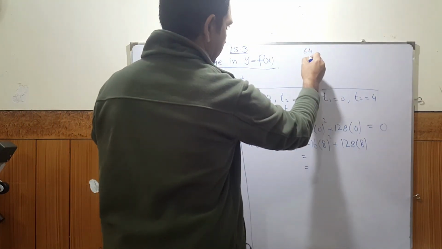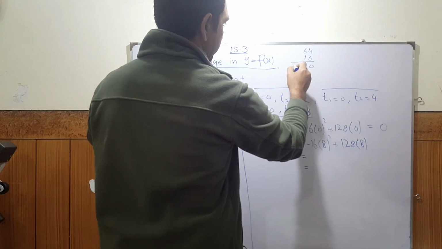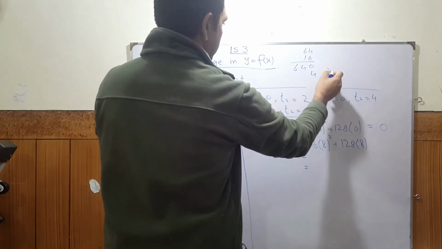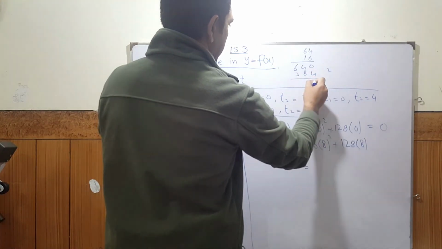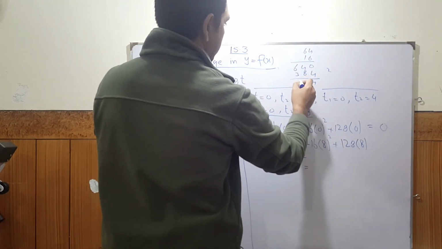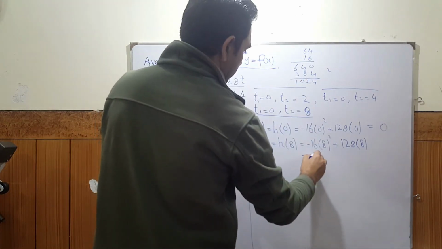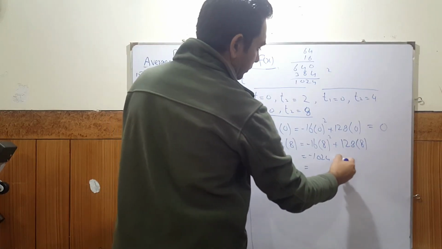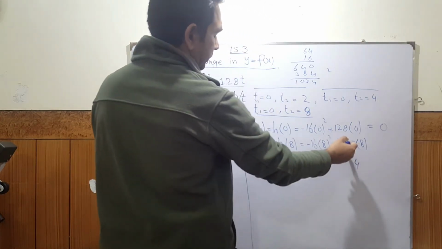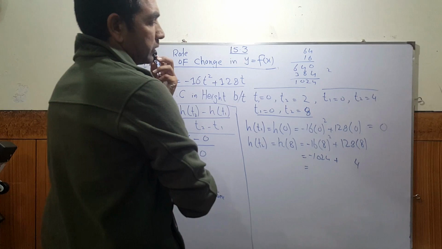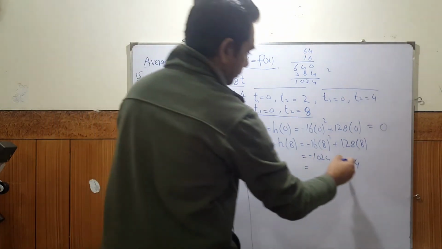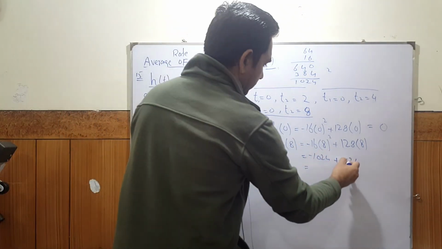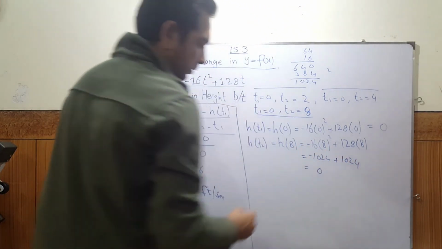You can simply multiply them, and subtract, and that gives us 0.